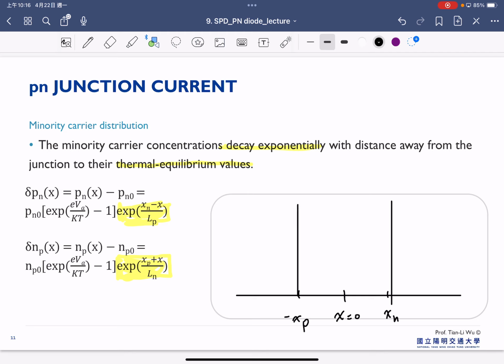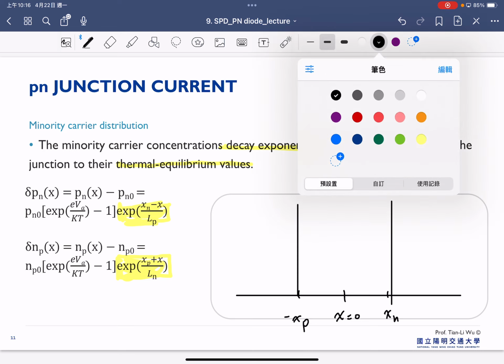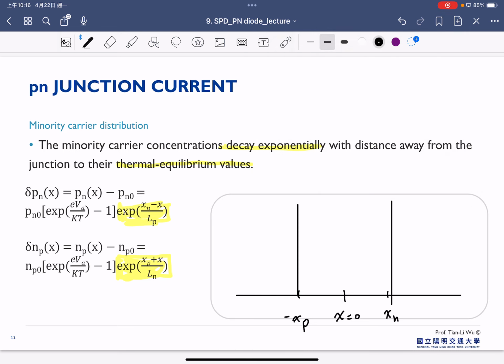And we also already know there's a thermal equilibrium minority carrier, that's np0. We also know that there's already a thermal equilibrium, that's the pn0 here.